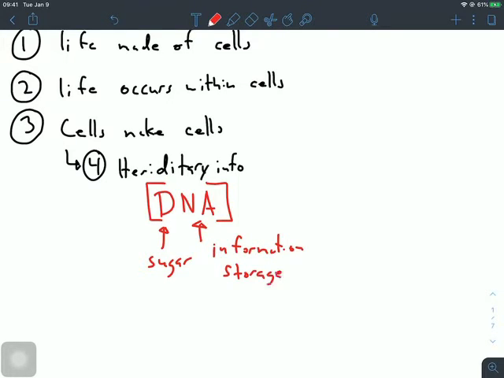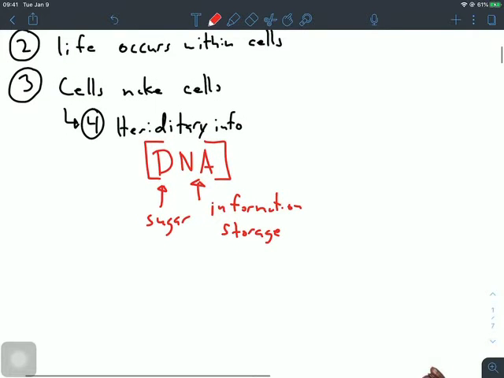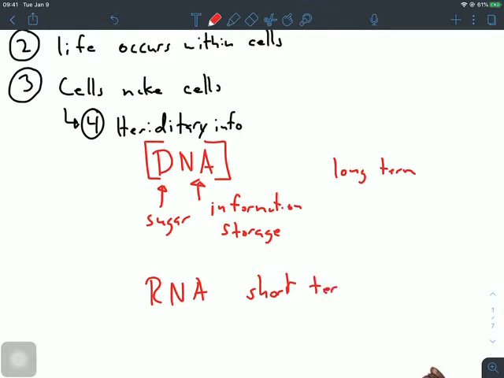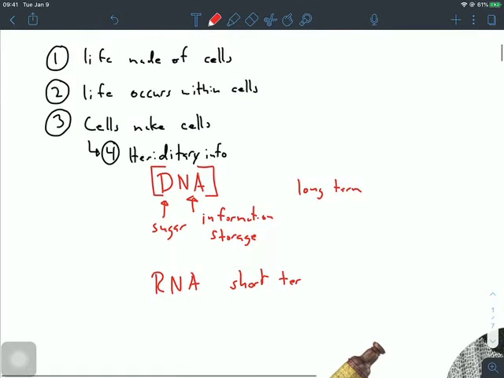So from previous biology classes, you may be familiar with DNA as the long-term storage, or RNA as the short-term temporary storage of hereditary information.